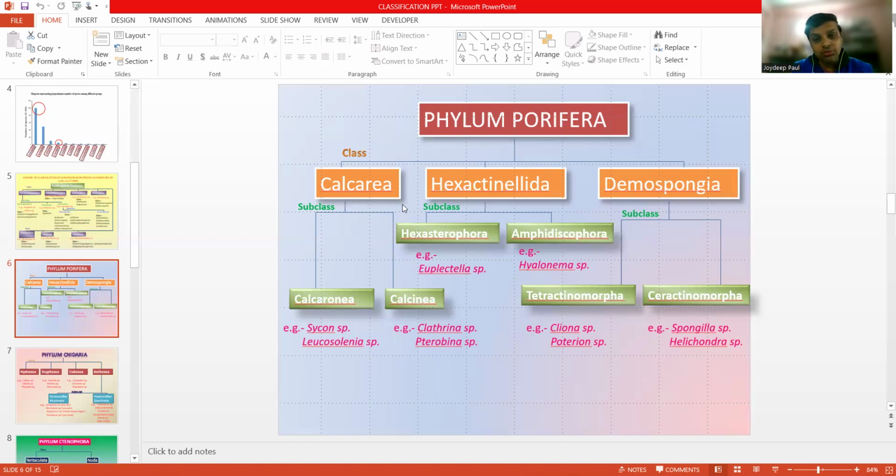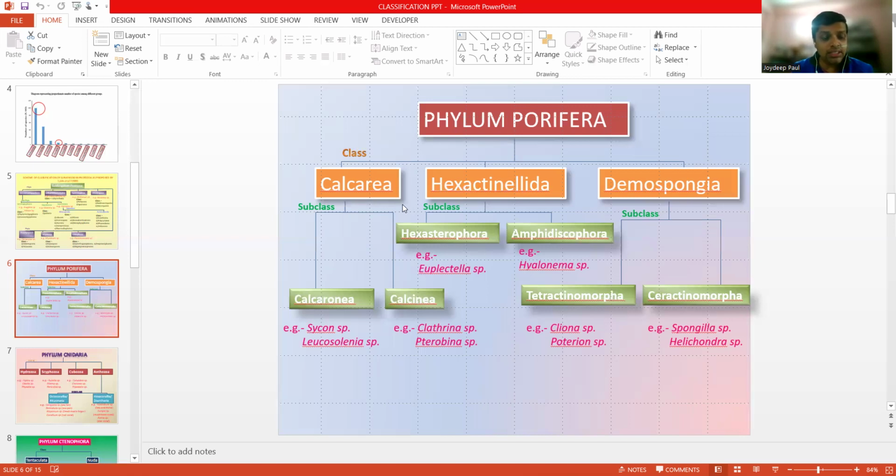Now we move to the third class, which is Demospongia. Habitat mostly marine and some are freshwater. Endoskeleton is made up of siliceous spicules or spongin fibers or both at the same time.